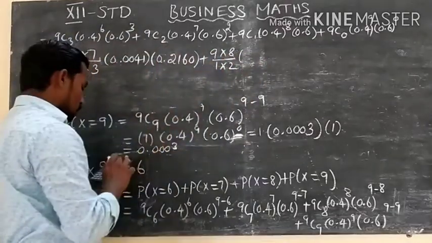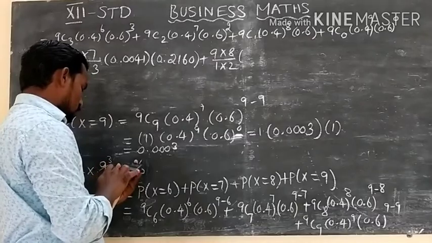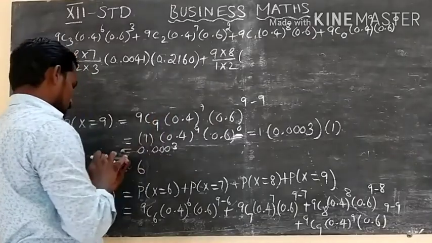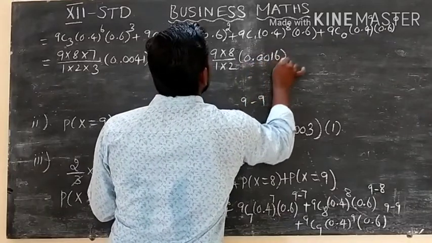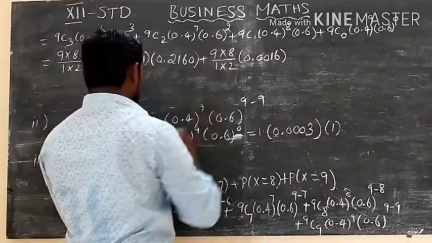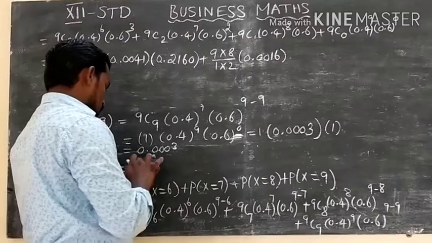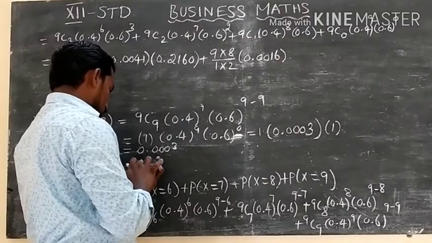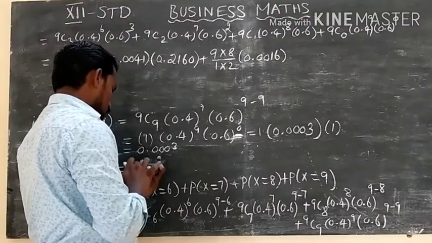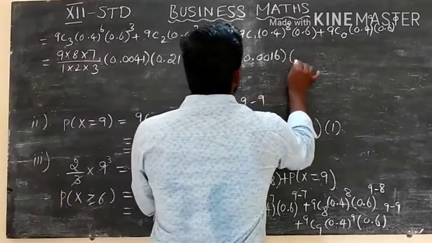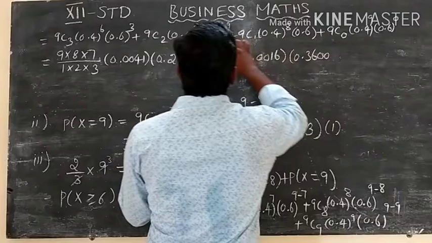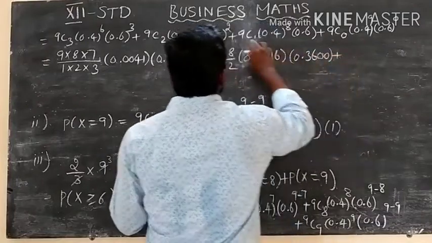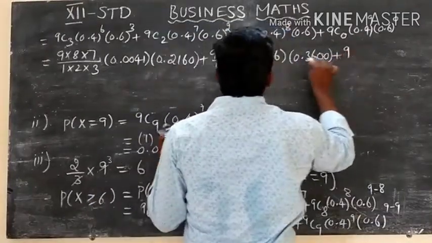Then 0.4 power 7 is equal to 0.0016 and 0.6 power 2 equal to 0.3600. Okay. Then 9C1 is 9.